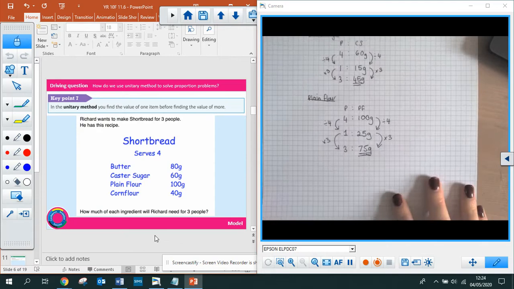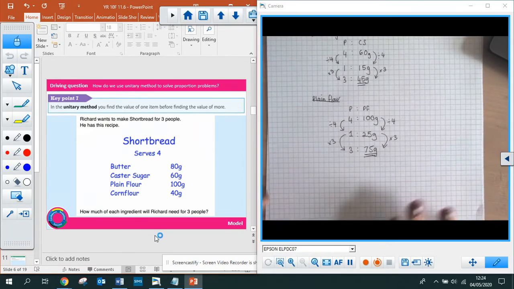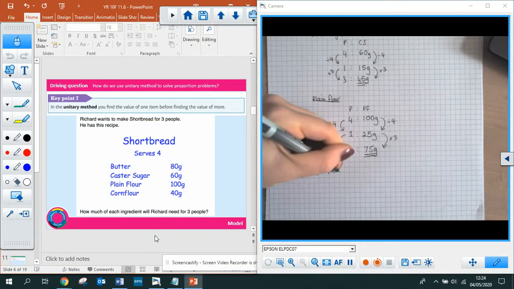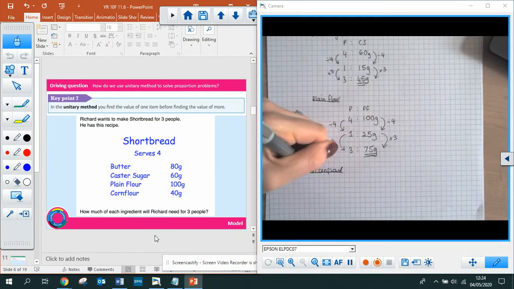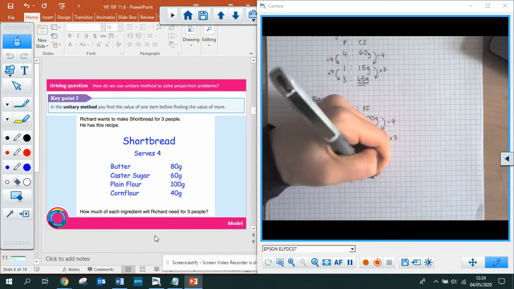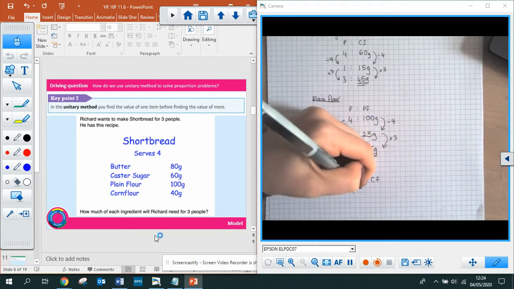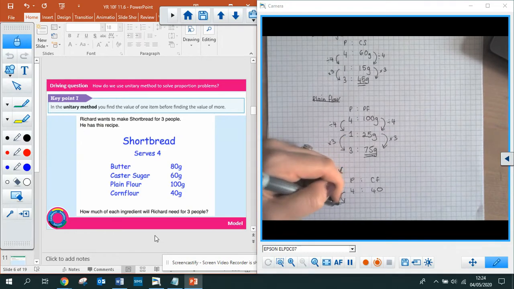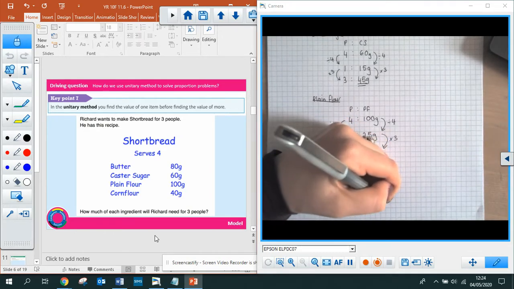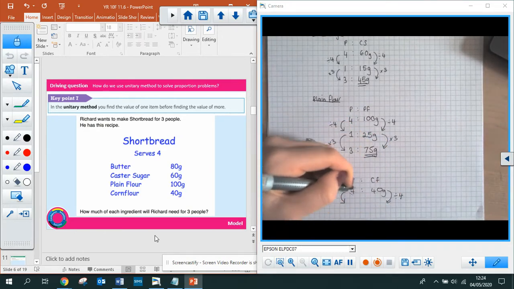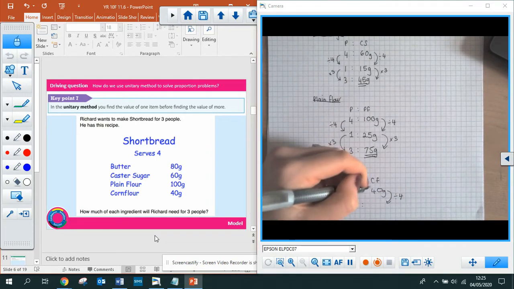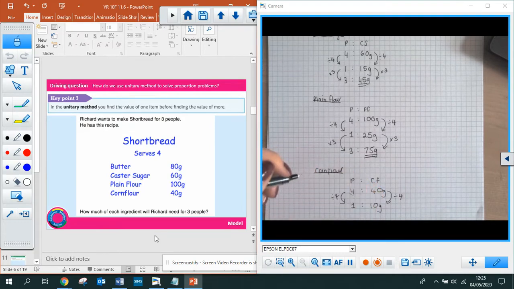The last one is my corn flour. We've got people to corn flour: 4 people need 40 grams of corn flour. First, find out what it is for 1 person by dividing by 4. Because I'm making my people 1, I divide by 4. That's 1 person needs 10 grams of corn flour.